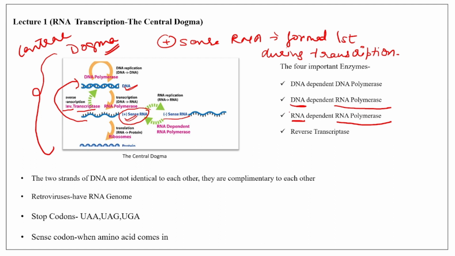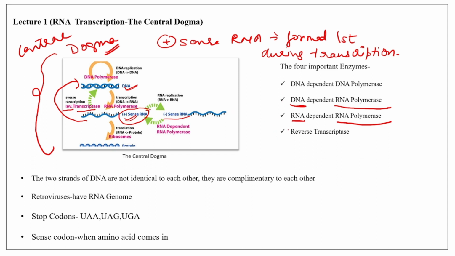What does it mean? It means that for the transcription of DNA into RNA, the polymerase that is needed is DNA dependent. But for the replication of RNA, the polymerase that is required is RNA dependent. So the first one is your DNA dependent RNA polymerase, and the second one is your RNA dependent RNA polymerase. Okay, so this is about the polymerase.